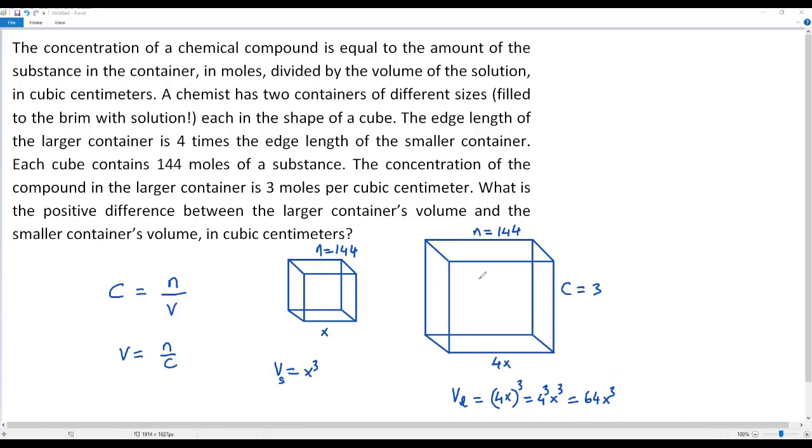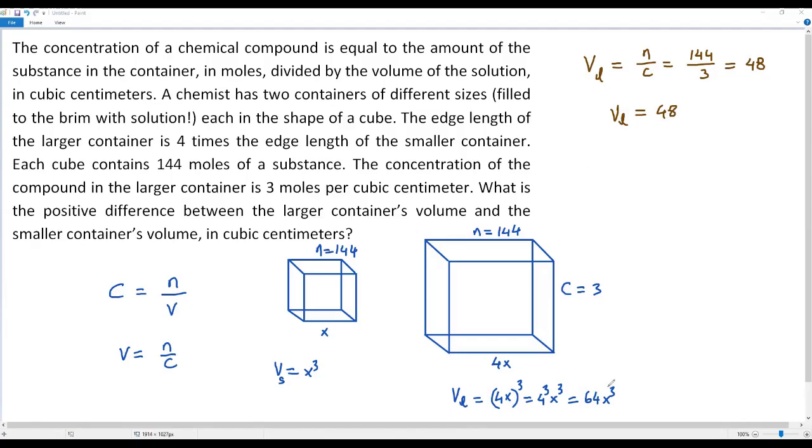So for the larger container, we have both the values of N and C. Using this formula, we can get the volume of the larger container. The volume of the larger container equals N over C, that is 144 over 3. When I divide them, I am getting 48. Here I got the volume of the larger container, that is 48 cubic centimeters.